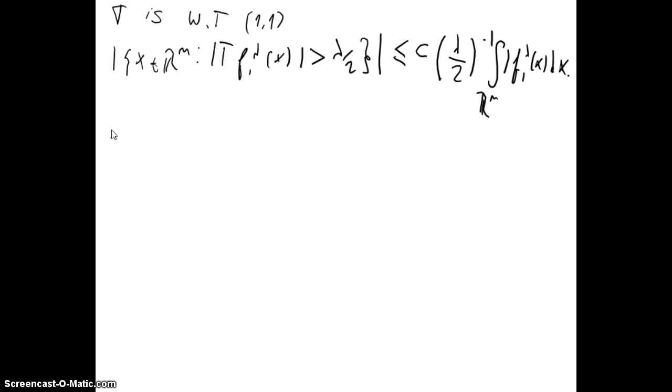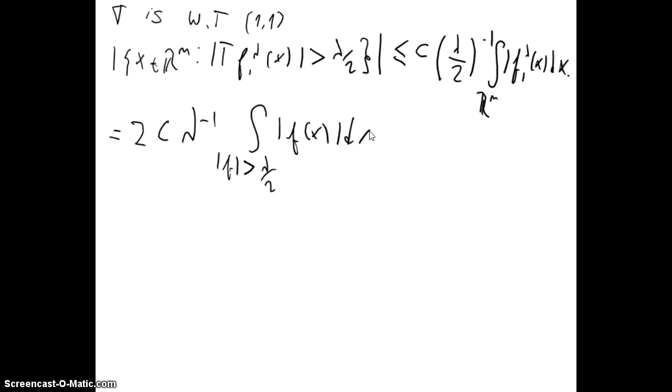And this will be equal to 2c lambda to the minus 1 times the integral of f over the set where the absolute value of f is greater than lambda over 2. So we just consider the definition of L1 star, and we took the lambda over 2 and passed it to the side, and then we have the constant and the norm.